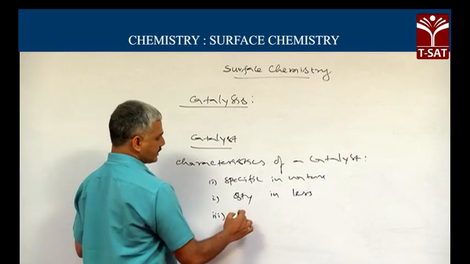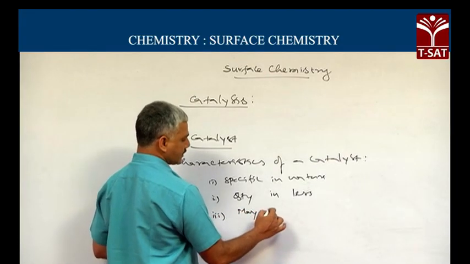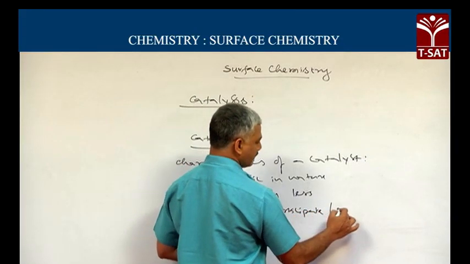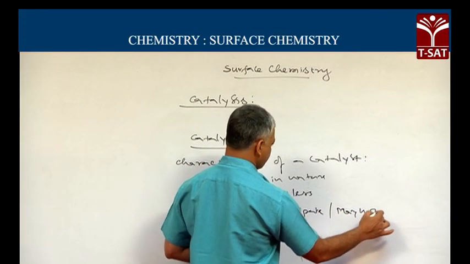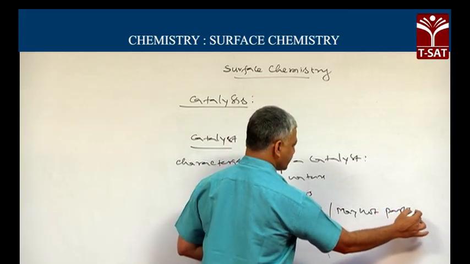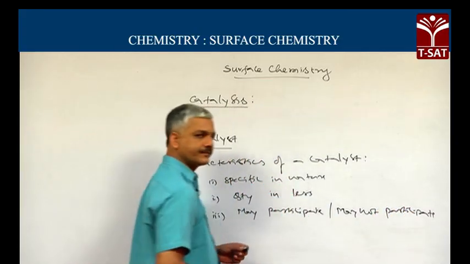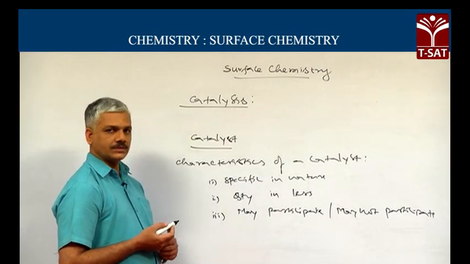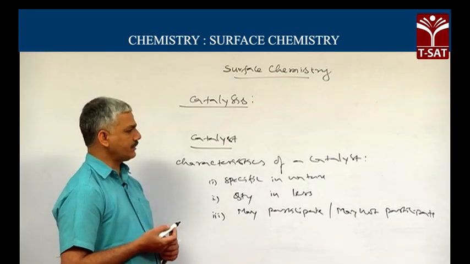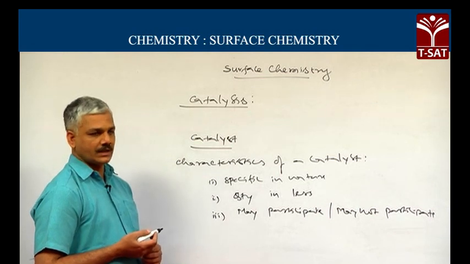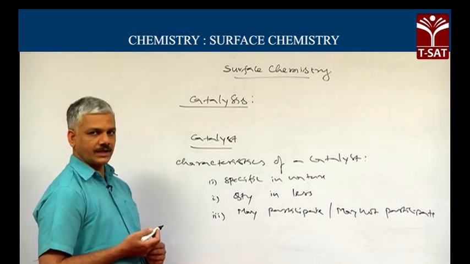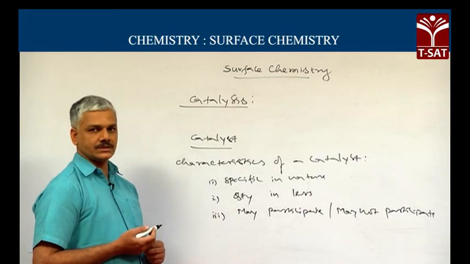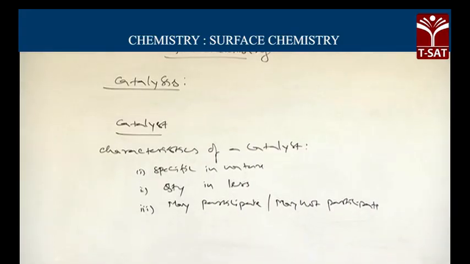The catalyst may participate in the reaction, or may not participate in the reaction. But at the end of the reaction, the chemical composition of the catalyst should remain unchanged. Physical characteristics might change. These are the characteristic features of a catalyst.